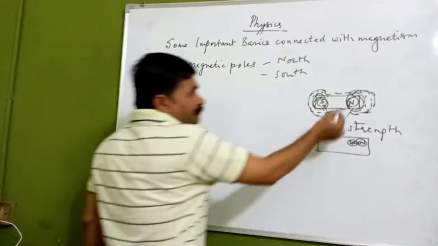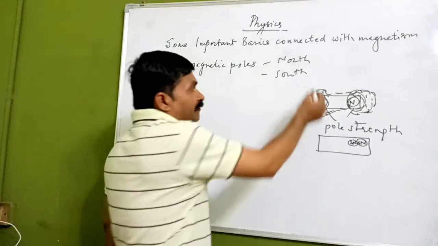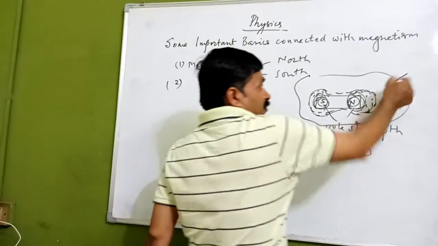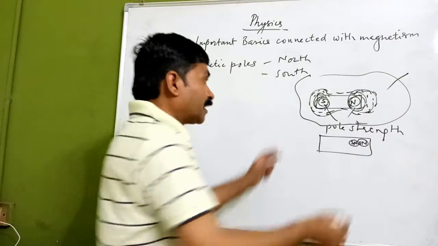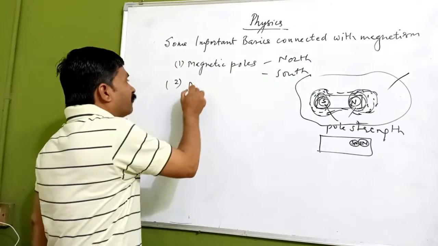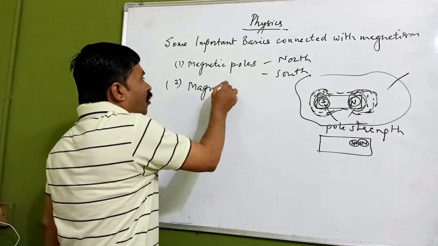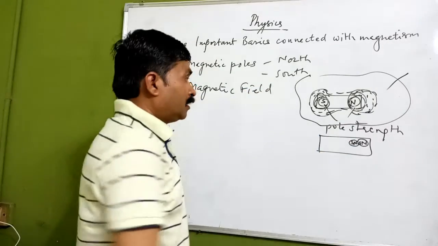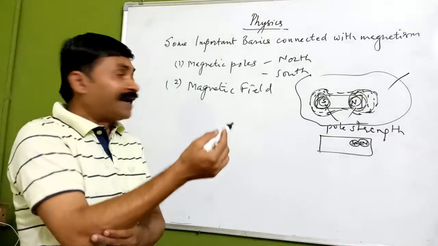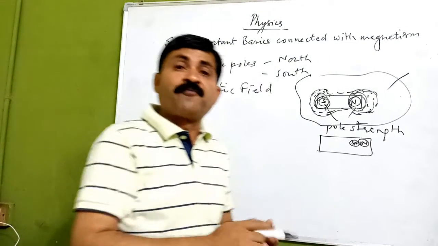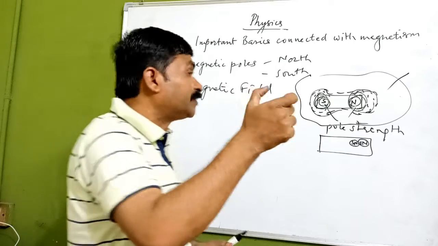Now if you put a magnet, it will have some field, it will have some influence. That influence in a particular region is what we call the magnetic field. We can relate it with the electric field also. In the electric field, we get the force experienced per unit positive charge.